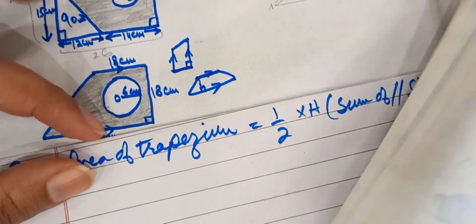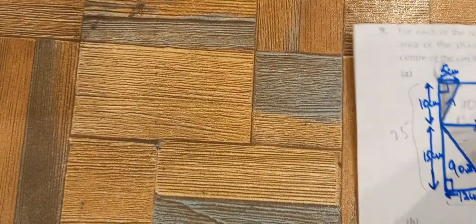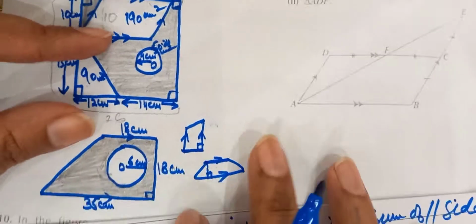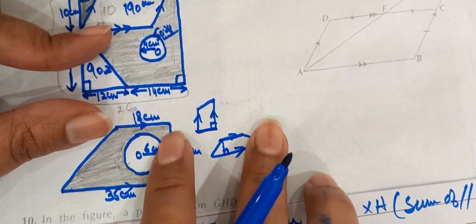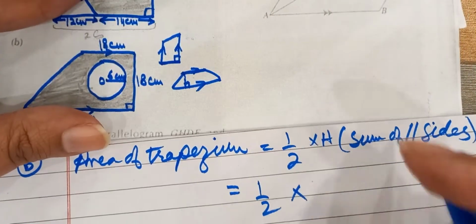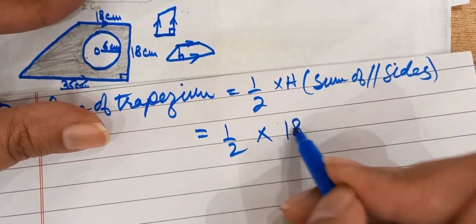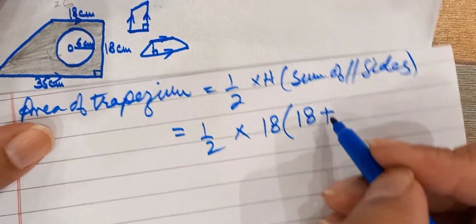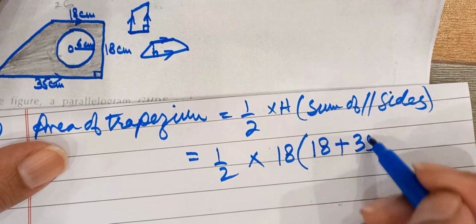So 1 by 2, now we know that this perpendicular line is joining these parallel lines, so height is 18 and the sum of parallel sides is one is 18 and the other is 35.